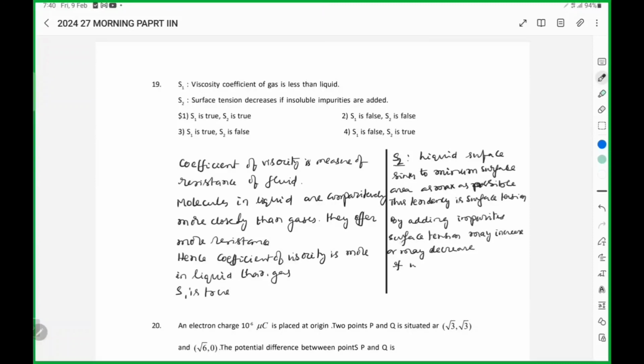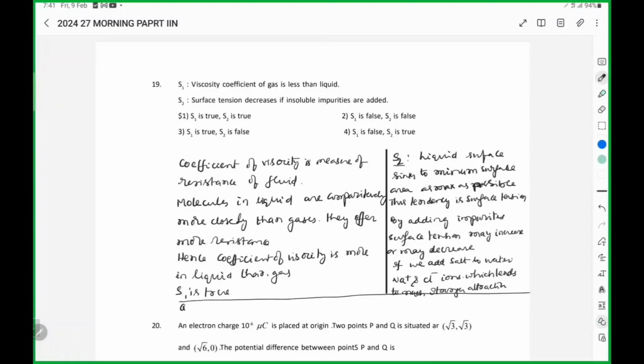If you add salt to water, the salt immediately breaks into Na plus and Cl minus ions, which tend to make a much stronger attraction among water molecules.